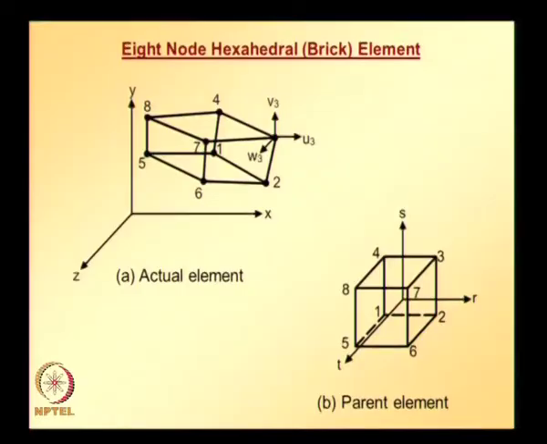So, with that understanding and with the location of origin at the center, we can easily find what are the coordinates of various nodes. For example, node 1 is located at r is equal to -1, s is equal to -1, t is equal to -1. Similarly, node 2 is located at r is equal to 1, s is equal to -1, t is equal to -1.